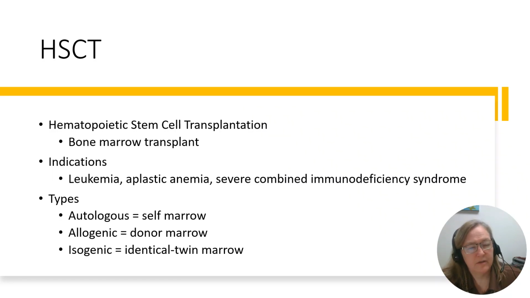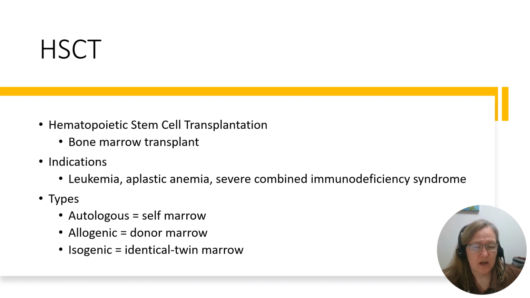Now, hematopoietic stem cell transplantation is something that Professor Smith mentioned that her son got, and different patients get stem cell transplantation for different reasons, for different disease processes. It's just a procedure where you get a bone marrow transplant. So indications can be leukemia, aplastic anemia, and some kinds of immune deficiency syndromes.